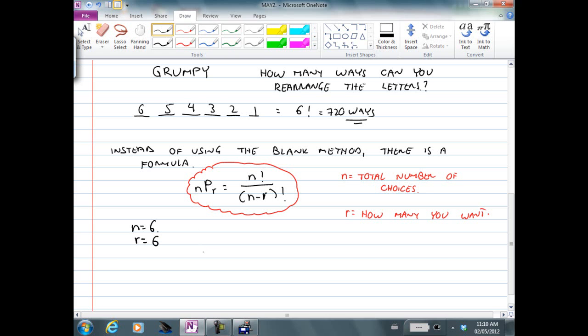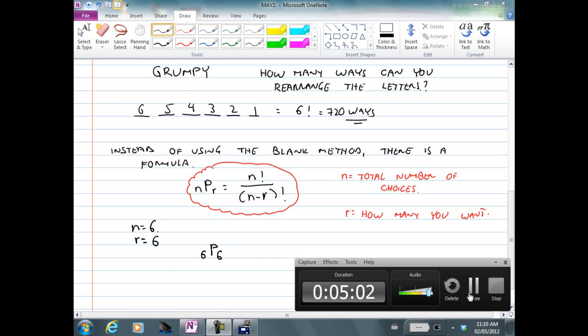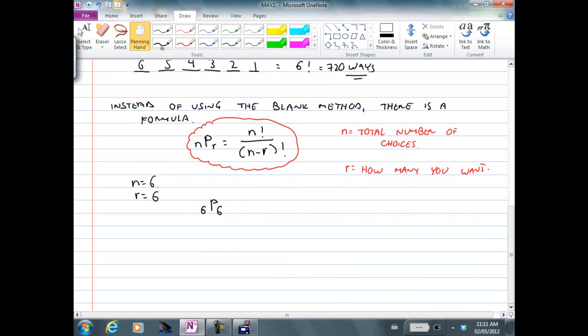So we're going to write this as 6P6. Take a minute, fill in the formula for me, please. So you have 6P6. If I sub in my formula, I get 6 factorial over 0 factorial. And 0 factorial really is 1. So it'd be 6 factorial over 1, which is 720.